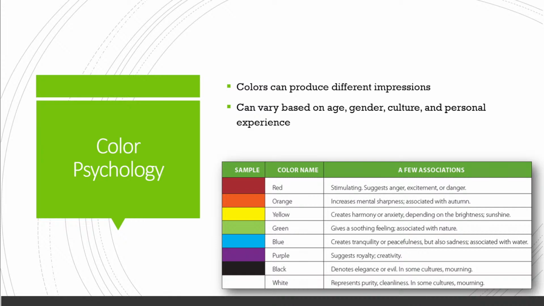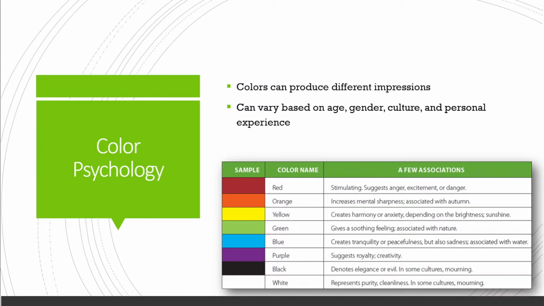So this is another instance where knowing your audience and knowing who you're trying to speak to in terms of the colors that you use is going to be super important. These are just some associations that people get with these colors that you're seeing here. Red: anger, excitement, danger. Orange: mental sharpness, autumn. Yellow: harmony, could be anxiety depending on the brightness, right?